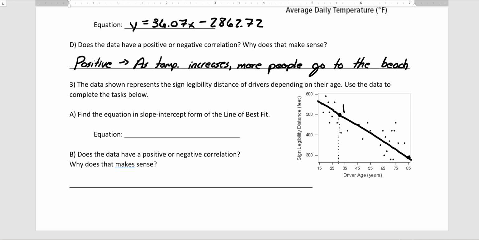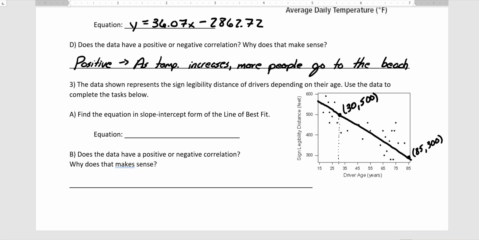So let's say this is 30, comma 500, and let's say this is 85, comma 300. Again, if you use different points, you're going to get different answers, and chances are you used different points. That's okay, all right? Again, we're approximating equations here.